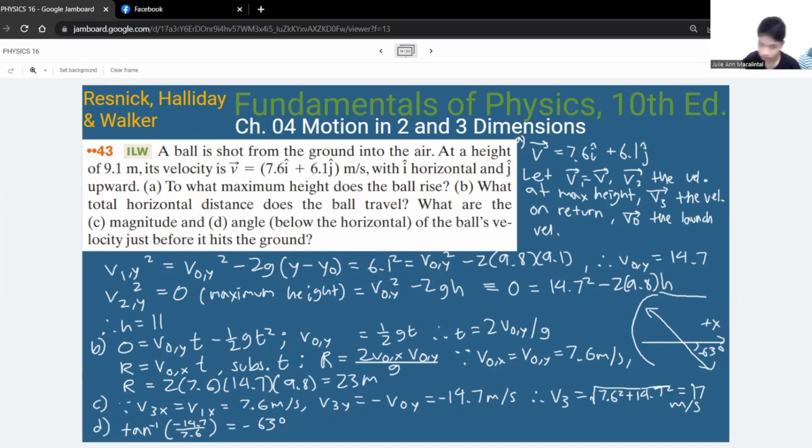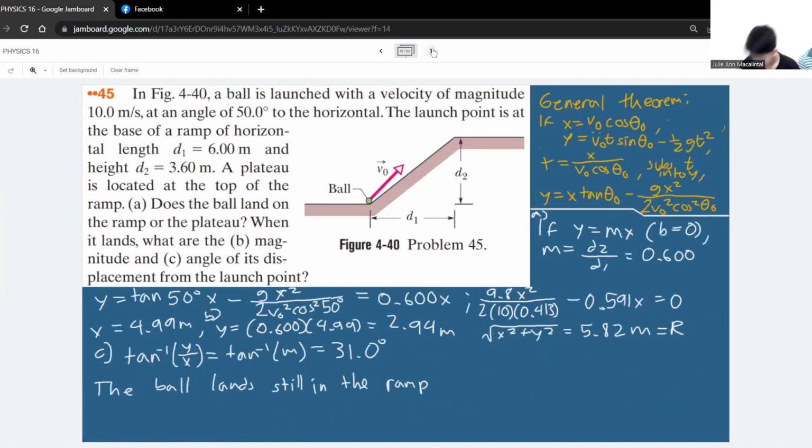Patingin. Okay. A ball is launched with a velocity of 10, 50 degrees to the horizontal. Does the ball land on the ramp or the plateau?